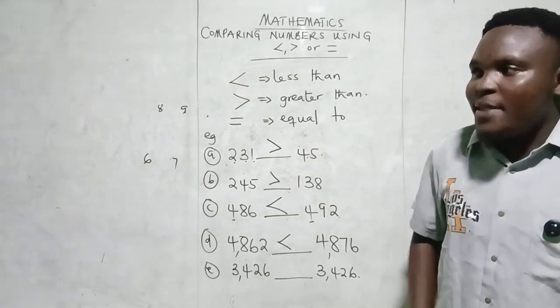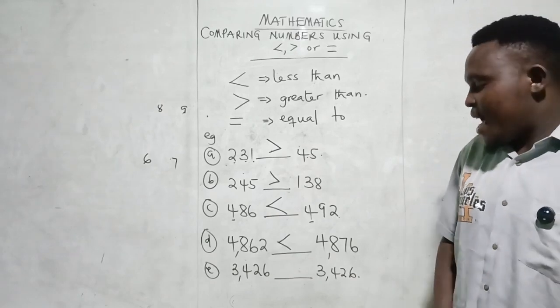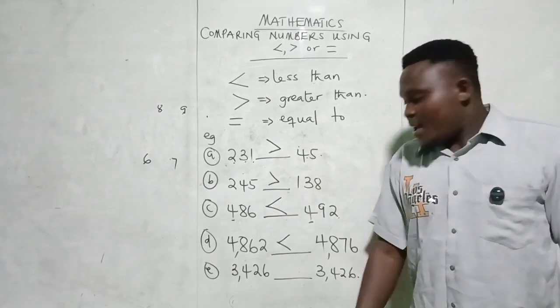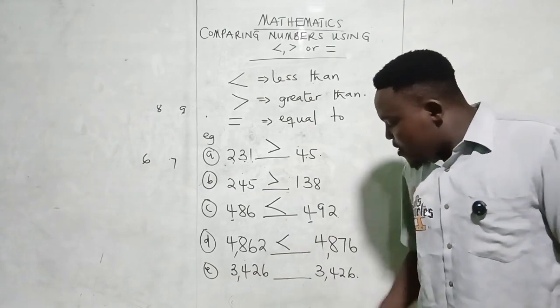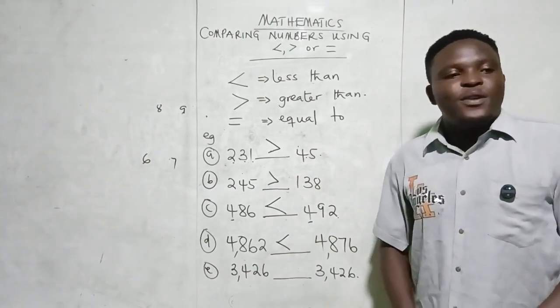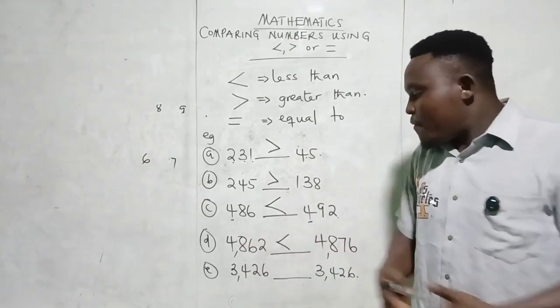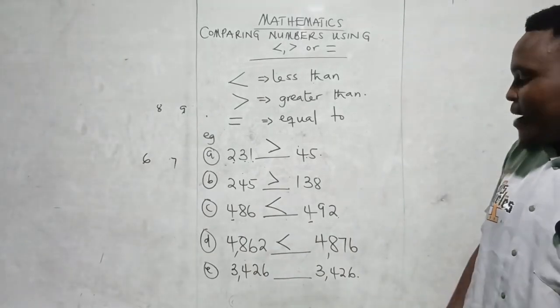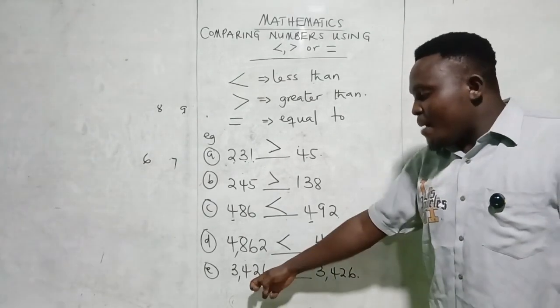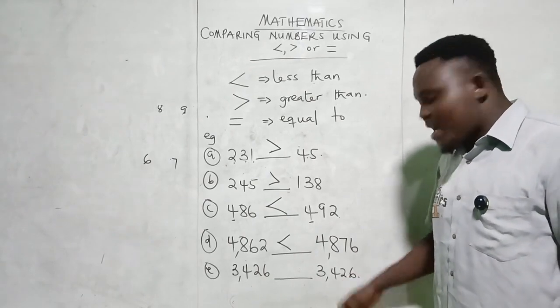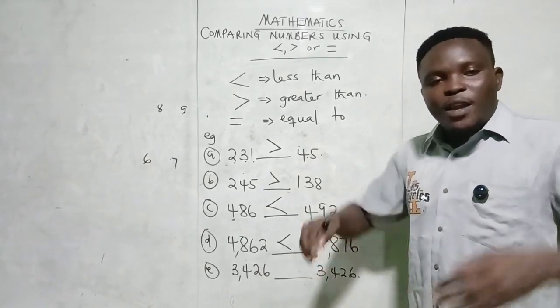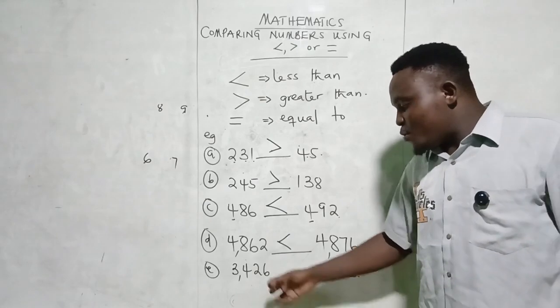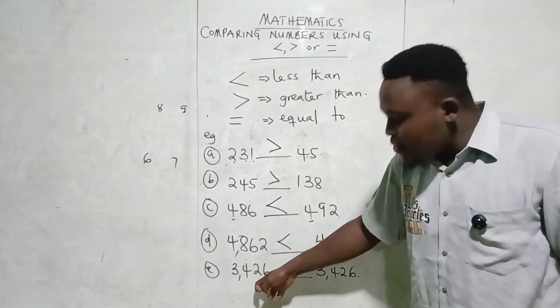So you have to jump to our third rule, which says that we have to compare their second numbers. Our second number here is 4. Our second number here is 4. So what do? We jump to our fourth rule, which says that we have to compare their third numbers. Our third number here is 2. Our third number here is 2. So what do? We jump to our fifth rule, which says that we should compare their fourth numbers.